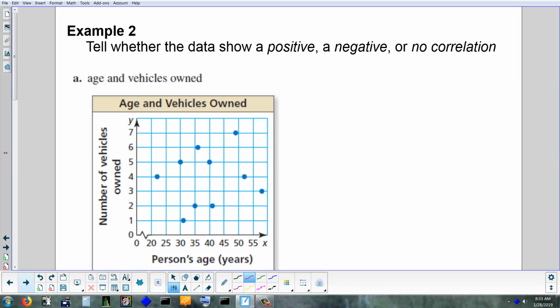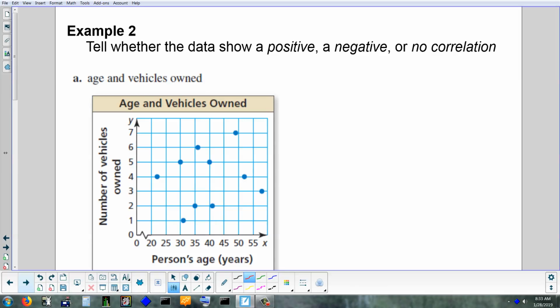So we look at this one, right? What do people think? Ryan, what do you think? Positive, negative, or no correlation? No correlation. People agree? Yeah, I agree too. Like we said, no correlation means it's kind of all over the place. All right? This is going to be on the back side of your notes, guys, on the top. So this one, I would agree with Ryan.